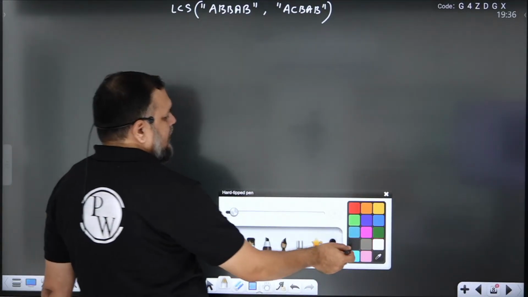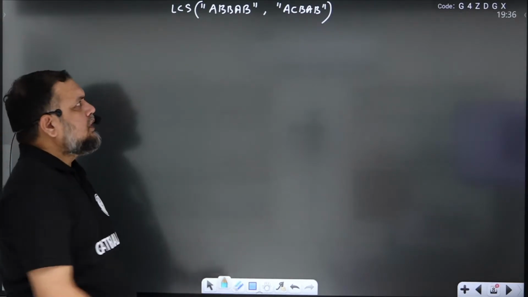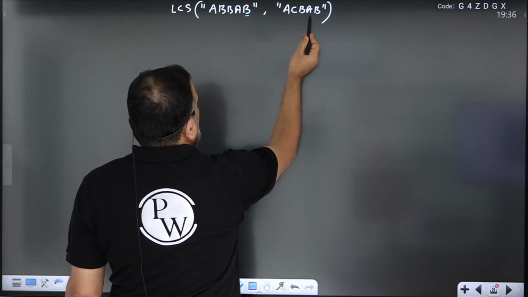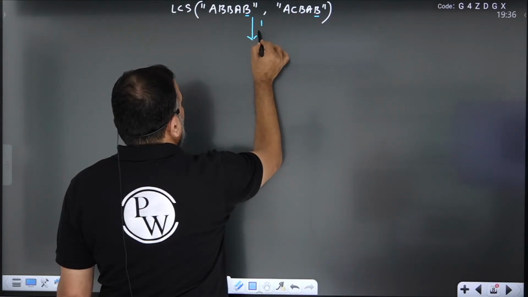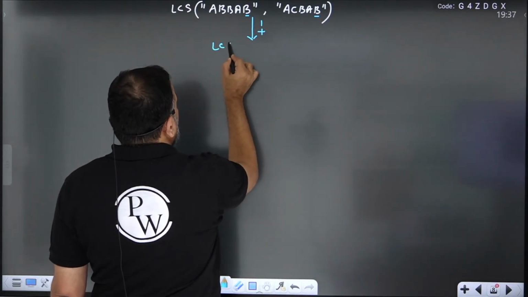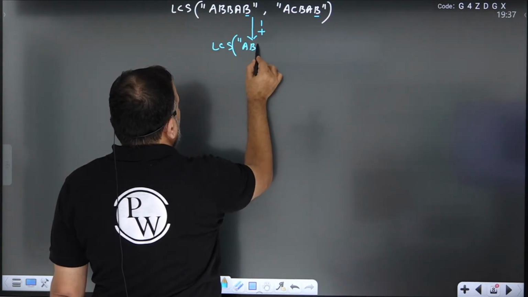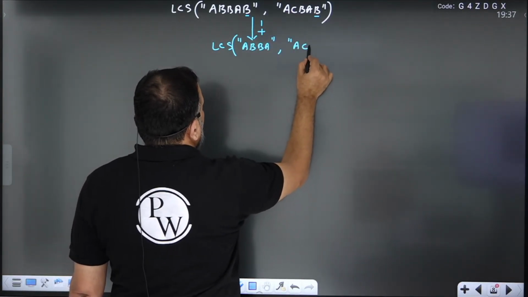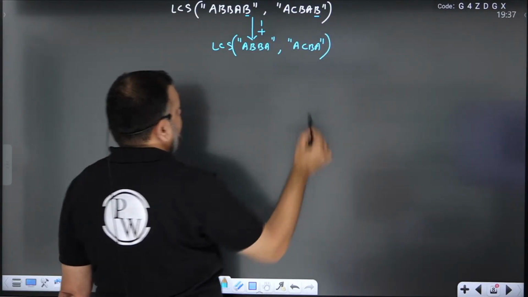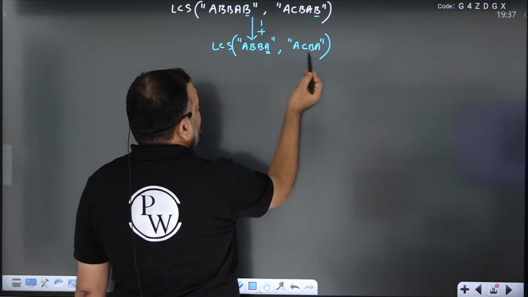Without table, like in a top down fashion how we are working, please observe. The first point, case 1 applies, is it not? Case 1, B is matching with B. So by case 1 I would write like 1 plus LCS of, I will write the remaining part of the string A, B, B, A, and this as A, C, B, A. Is it right? Correct. फिर उसके बाद देखिए आप again case 1 apply.